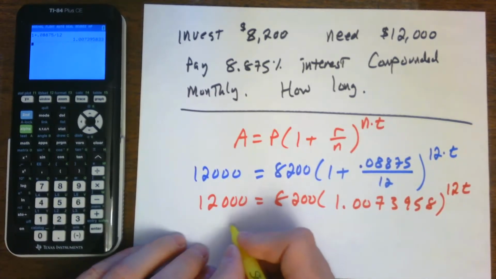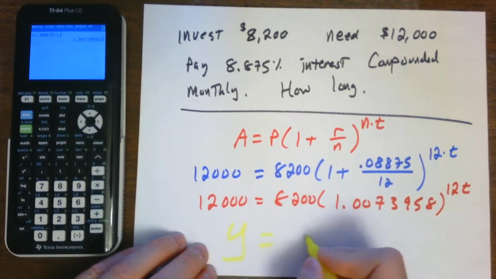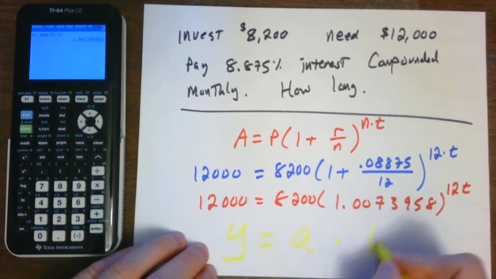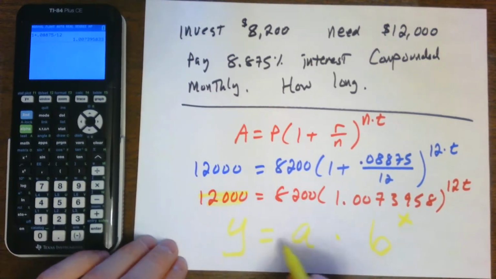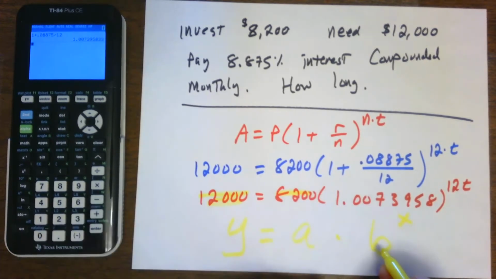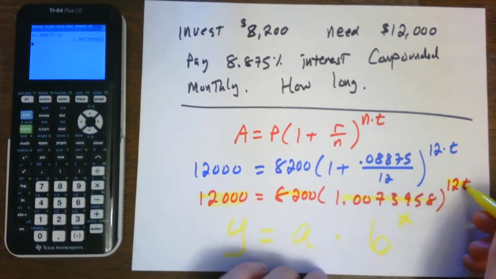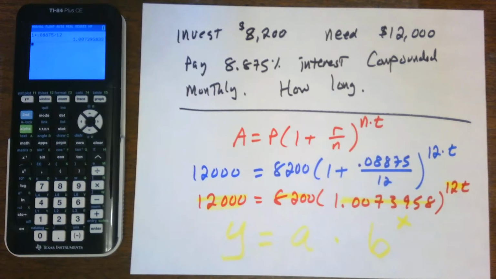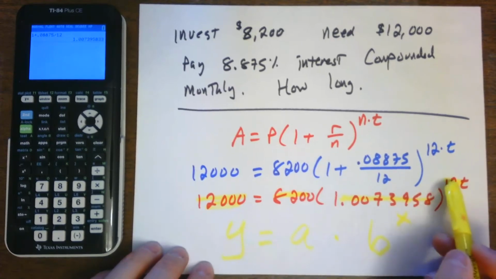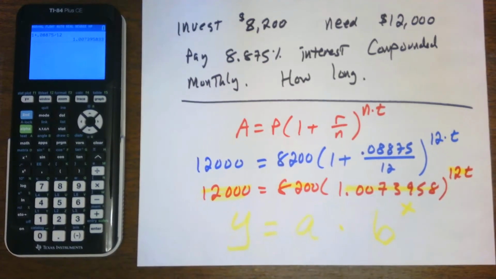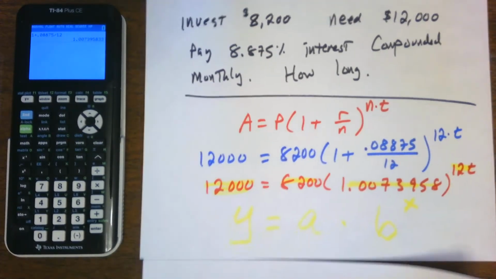It's almost like y equals a times b to the x. Well, this equals this times that to the power here. The idea is I've got something equals something times something to the power. This is an exponential equation. I'm going to solve this, and I'm going to do it algebraically.